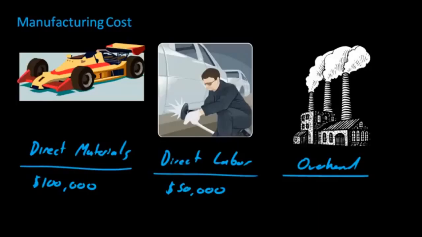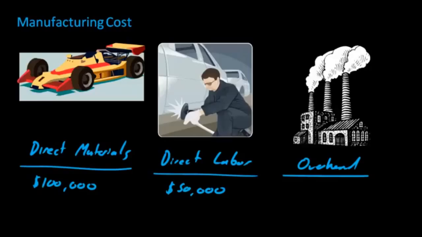And then we're also going to have overhead costs, right? And as you remember, our overhead costs are all our indirect costs. Our direct materials are directly traced to the car. Direct labor is directly traced to the car, but anything that we cannot directly trace to the car is going to be overhead.